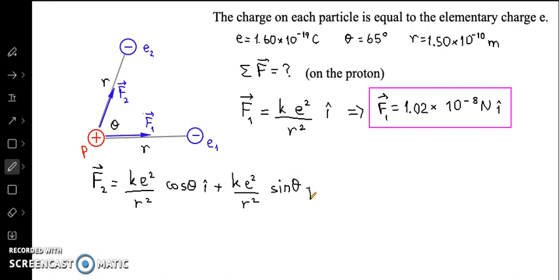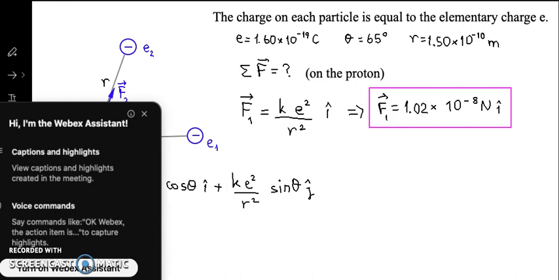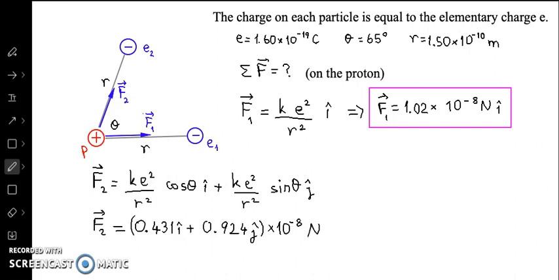If you plug in the given numbers and calculate, here's what you get. 0.431 i hat plus 0.924 j hat. There's an overall factor of 10 to the negative 8 and the unit is newton.